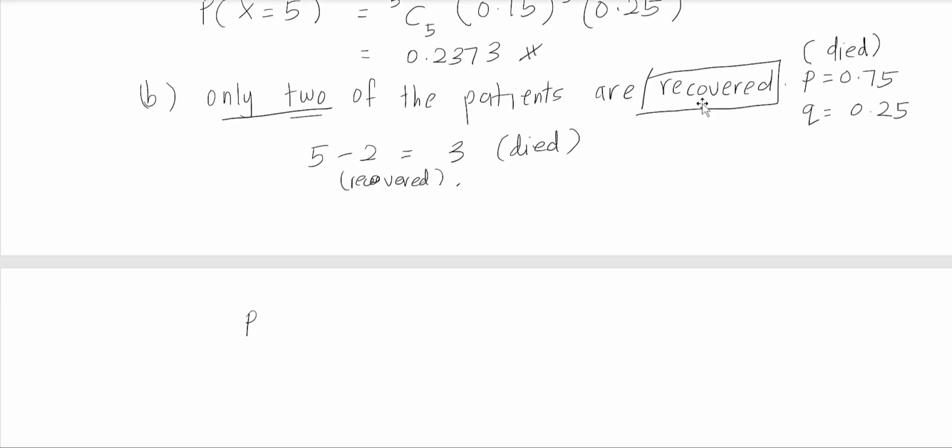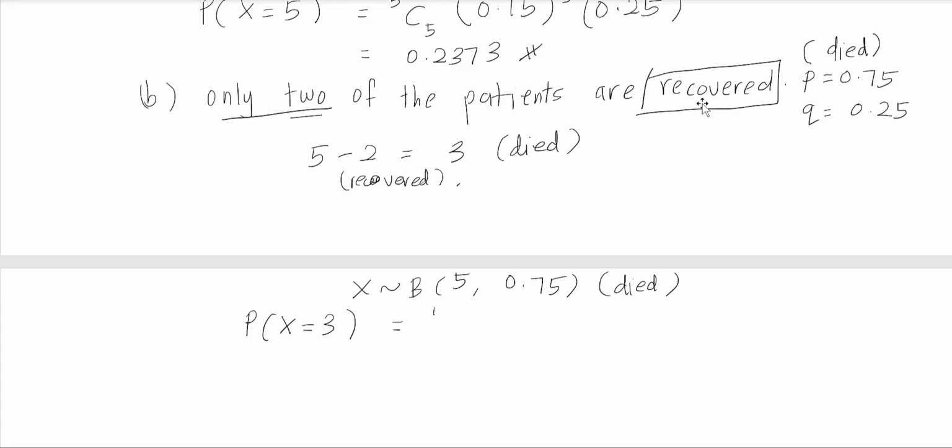Now the probability X equal to 3, not 2, because our probability of success is die. So people who die when 2 recovered is 3. So our X equals 3. We can use the same n, n equal to 5 and our p is 0.75, in which we use the probability of dying. So when 2 recovered, that means 3 died.